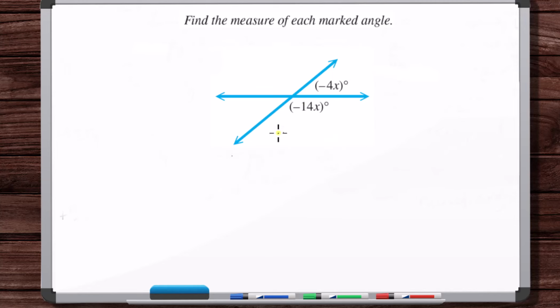Okay, so here, remember, everything we talked about in this section, we usually had lines that were going purely left to right or purely up and down. But all of these concepts not only apply to any orientation of a line, and not just in a plane, but even in 3D space. You can have a line that's going through completely randomly oriented.